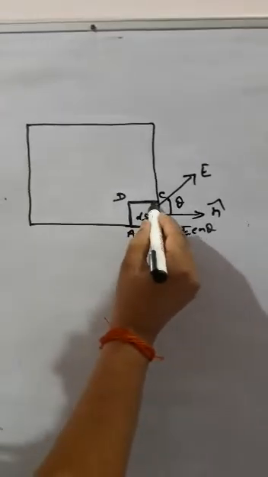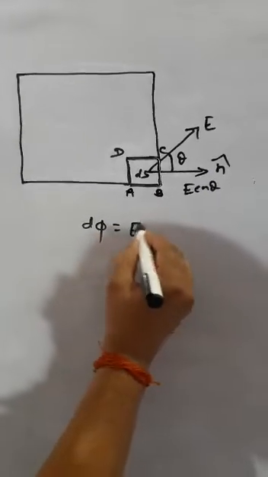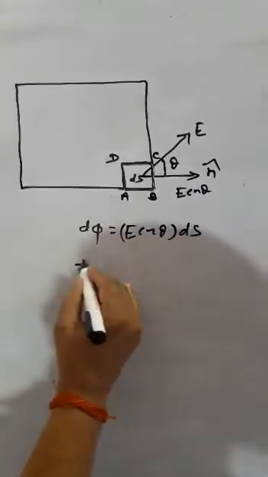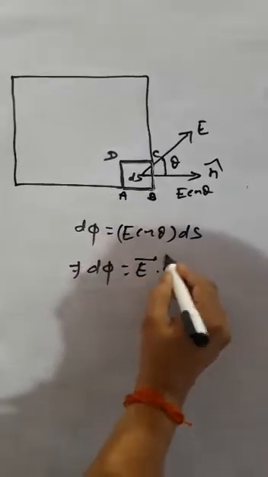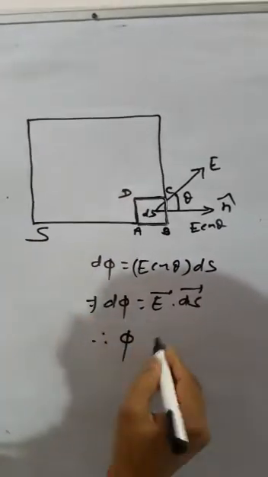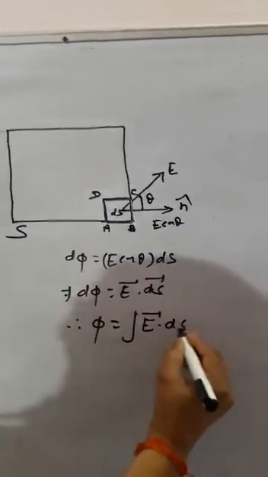Therefore, the flux linked to the small element is equal to the electric field in the direction of normal times the surface area. That means d phi equals vector E dot dS. Therefore, the total flux linked to the whole surface, phi, equals the integration of vector E dot dS.